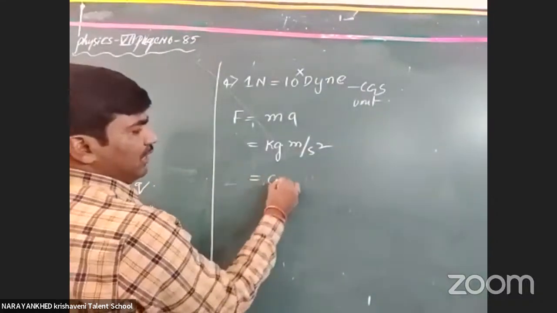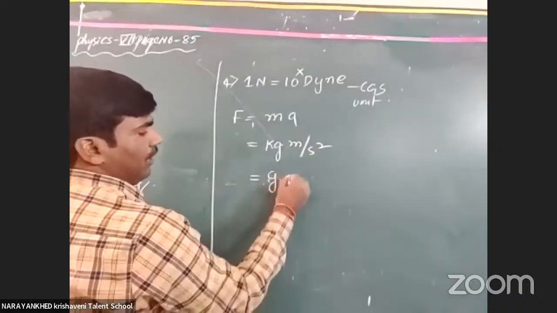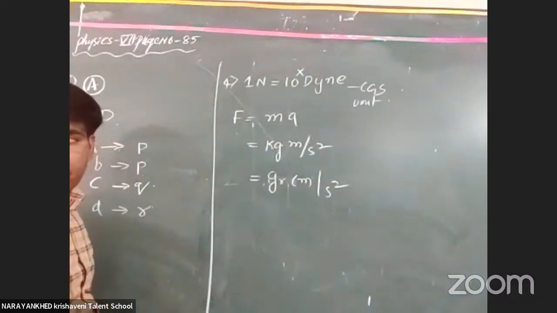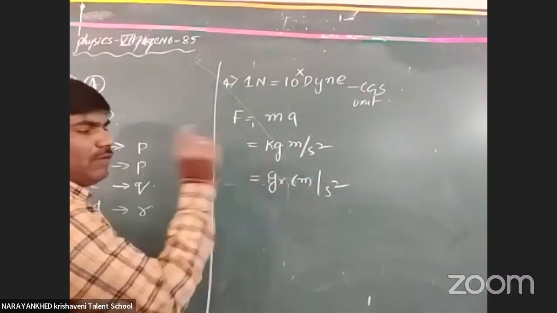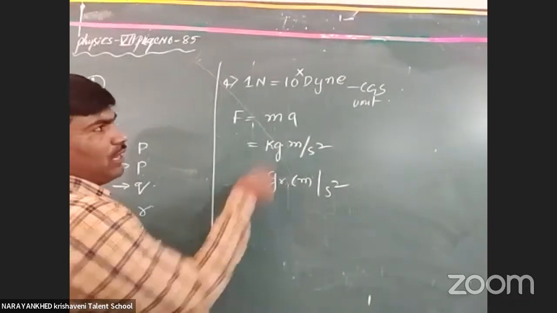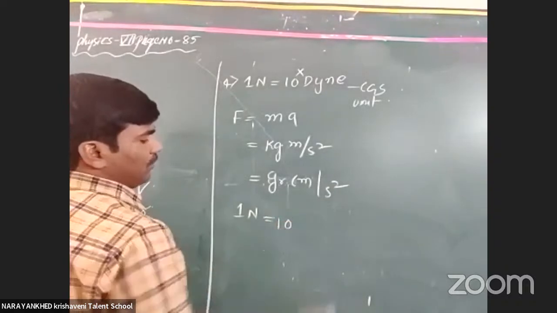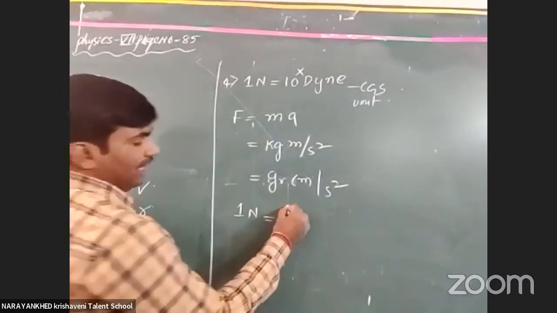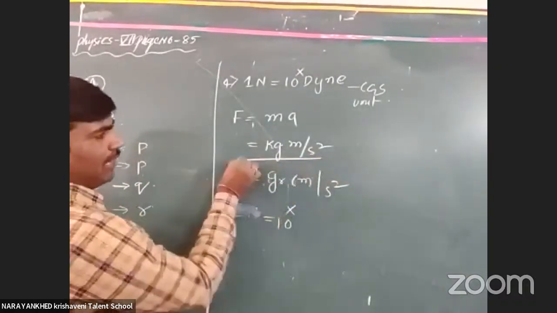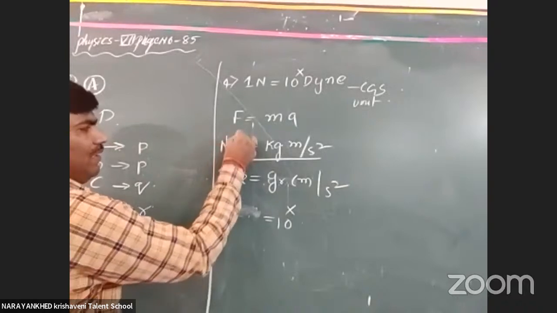Now it becomes gram centimeter per second square. Okay, got it or not? When both are equal, we want to write 1 Newton is equal to 10 to the power of x dyne. 1 Newton I have written like this, dyne is nothing but like this, and Newton is nothing but like this.